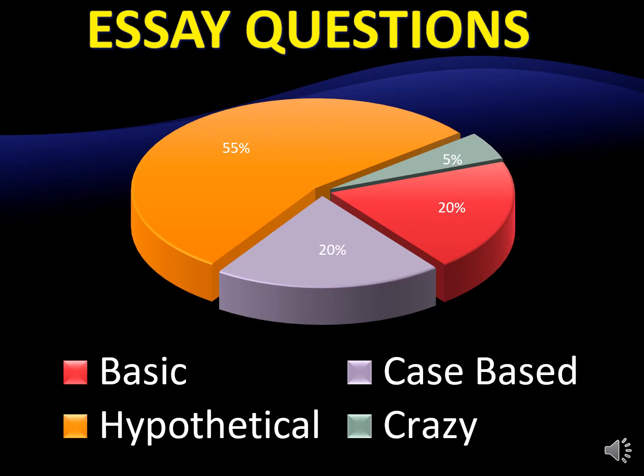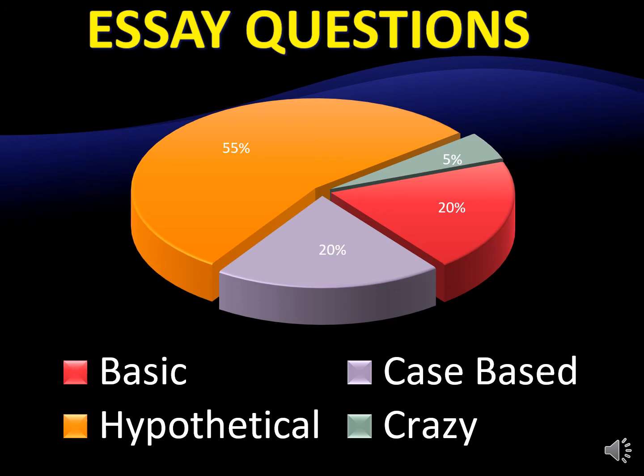We're finished with that. So let's now have a look at essay questions. The different essay questions, again, need different kinds of analysis, different kinds of attack. But let's look at the composition of the essay questions. When you look at the pie chart, you would notice that 20% are basic.